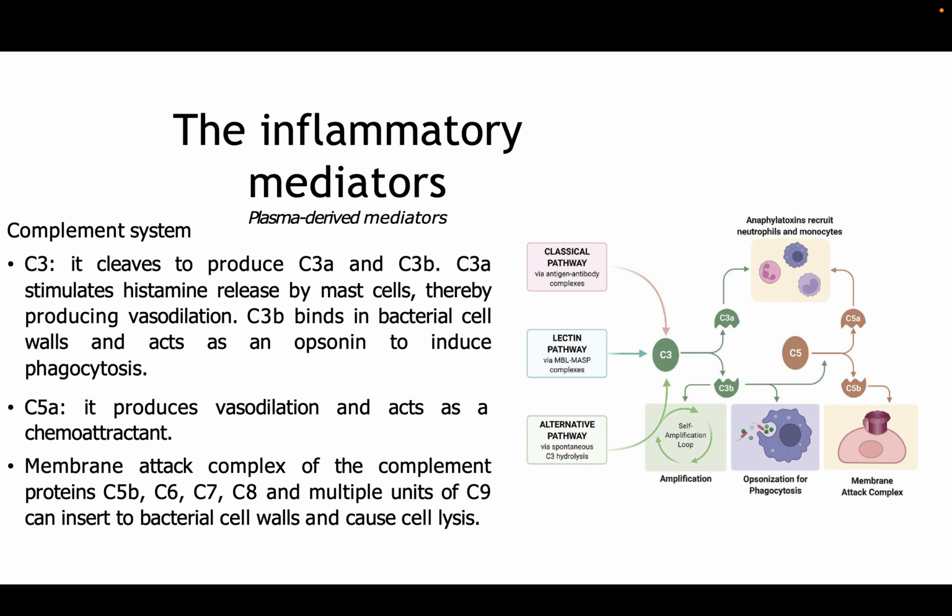So this is usually what happens. As we know, you have the release of C5a, which is also a vasodilator, but also a chemoattractant. It attracts other immune cells to come in. So you of course have opsonization for phagocytosis, but you also have the membrane attack complex. And this is all because of interleukin 6 that brings them.